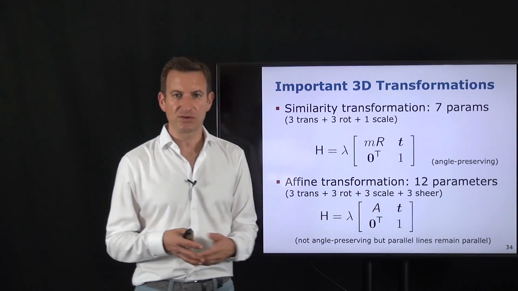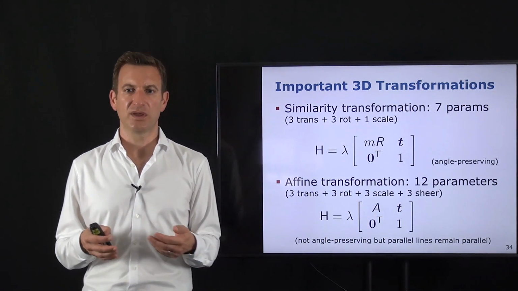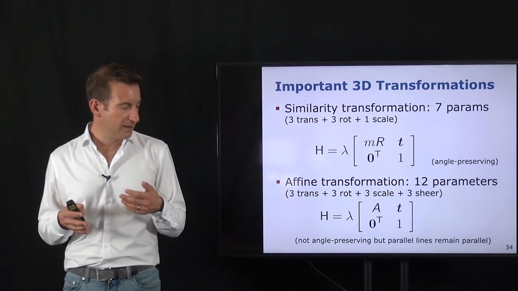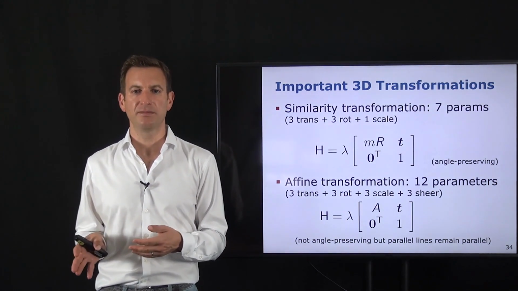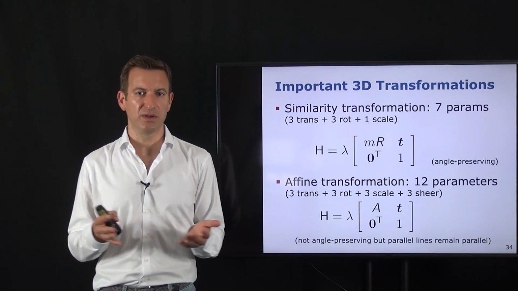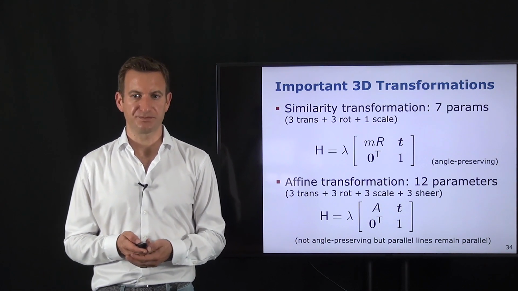So this is now an arbitrary matrix A, which has 9 elements and 9 degrees of freedom. And this we can use to express an affine transformation. An affine transformation means that parallel lines still remain parallel, but it's not an angle-preserving mapping. So angles between lines, for example, in this world will change.